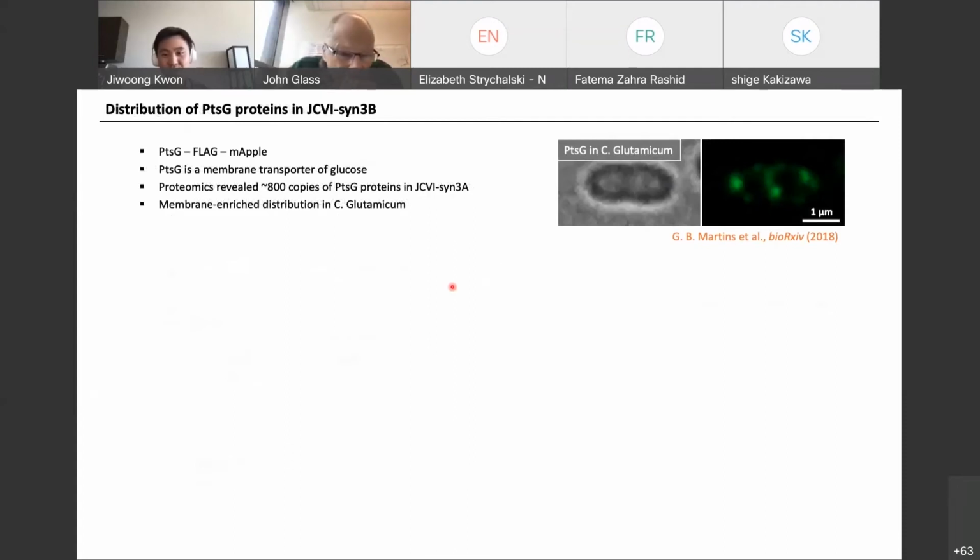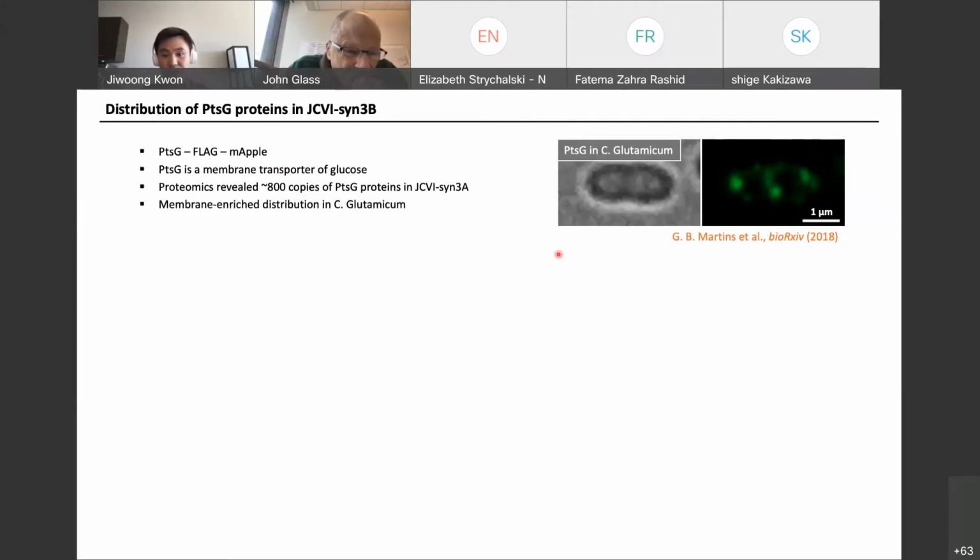Our first target was the PtsG protein. PtsG is a membrane transporter of glucose. A previous proteomics study estimated there are about 800 copies of PtsG proteins in a JCVI-syn3A cell.